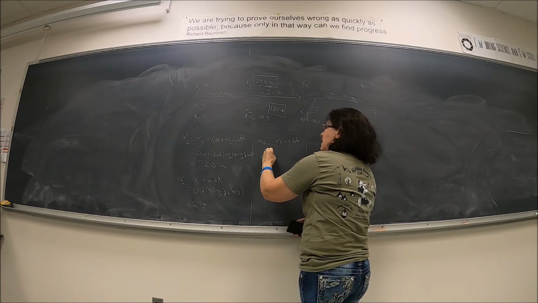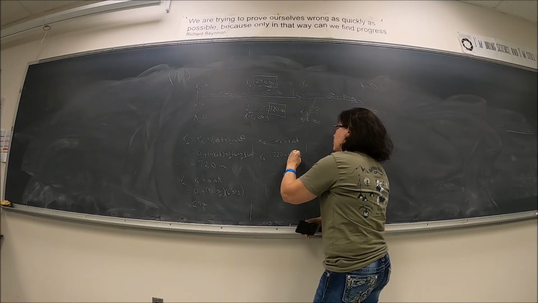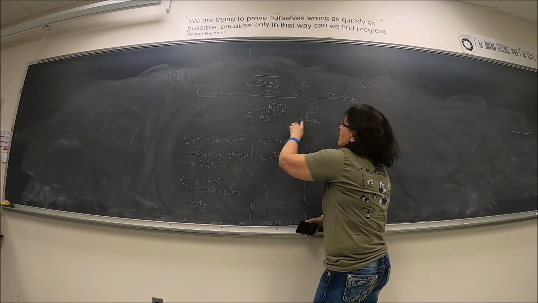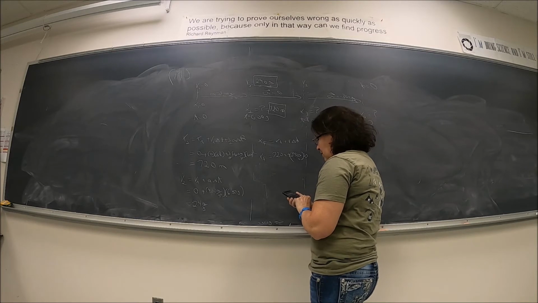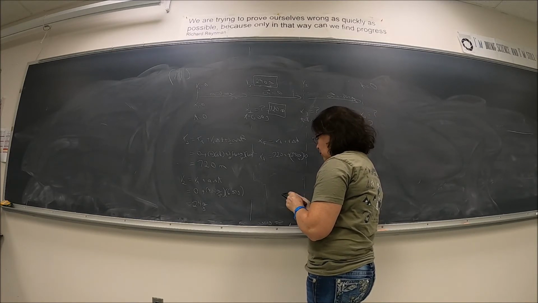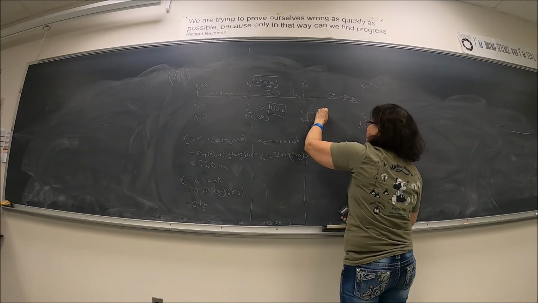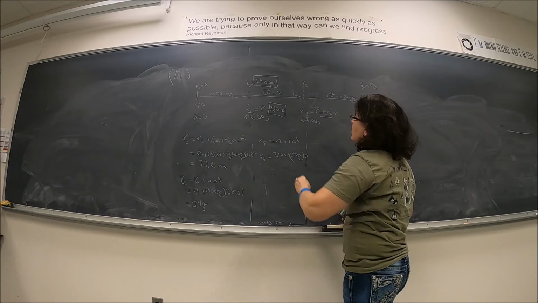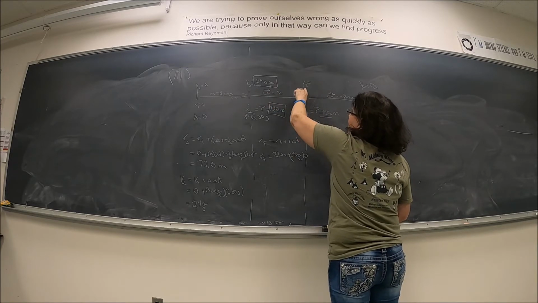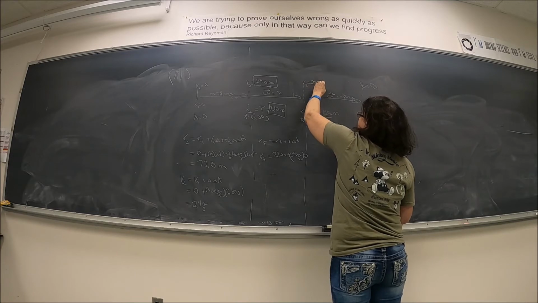So x final is going to equal the 72 meters plus the 24 meters per second, and the time is 2 seconds. So 24 times 2 plus 72, that means that x3 is 120 meters. 3 significant figures. Now, since I was coasting, v3 is the same as v2, 24.0 meters per second.